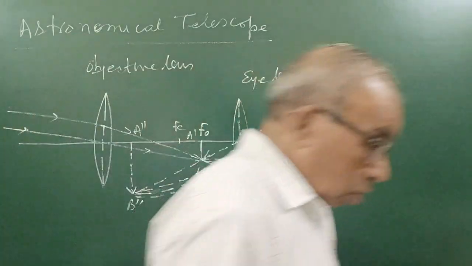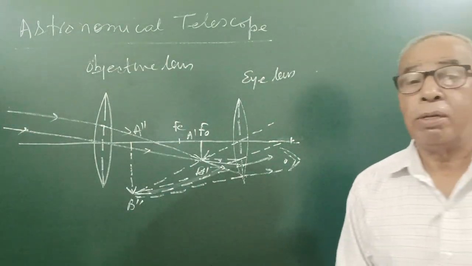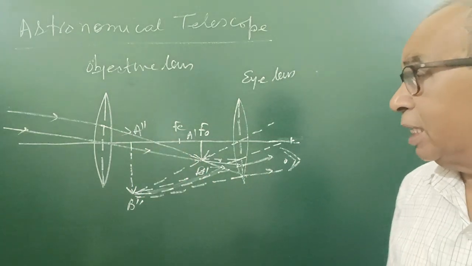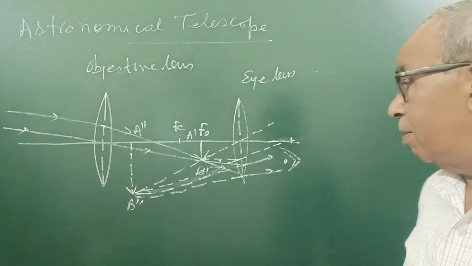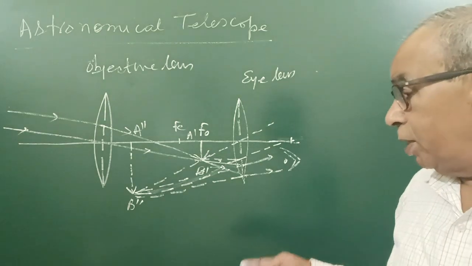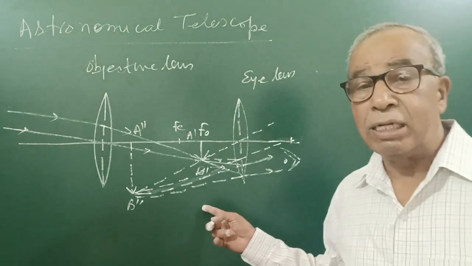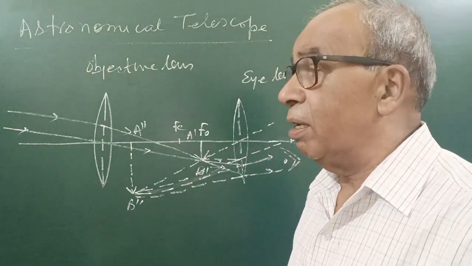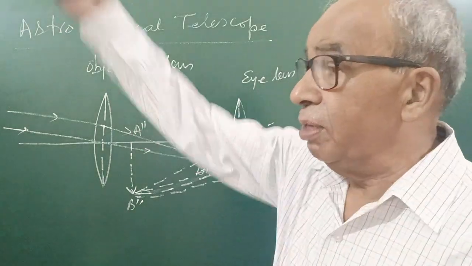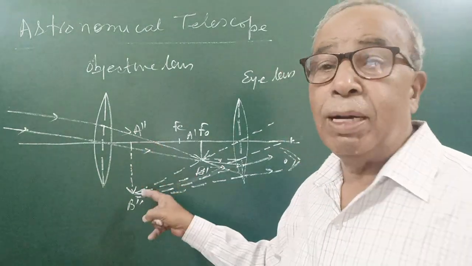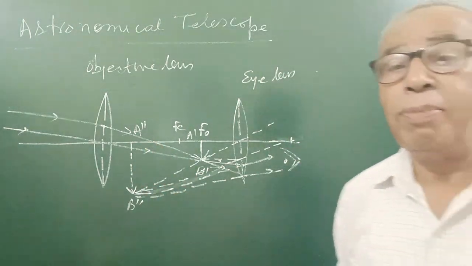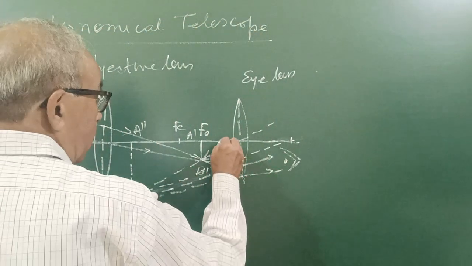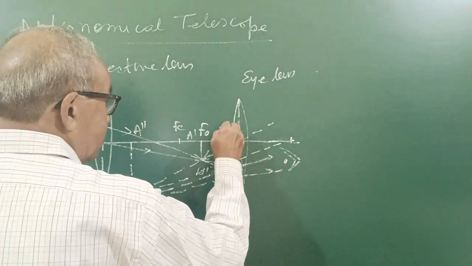Now you very well know that if the object is within D, then it will not be seen distinctly. So this image A double dash B double dash should not be at a distance less than 25 centimeter. At least it may be anywhere, maybe from D to infinity. The image A double dash B double dash may be up to infinity. Now here I write this angle beta.